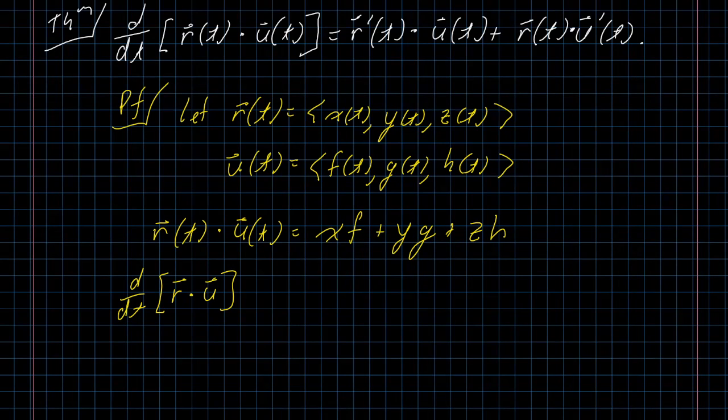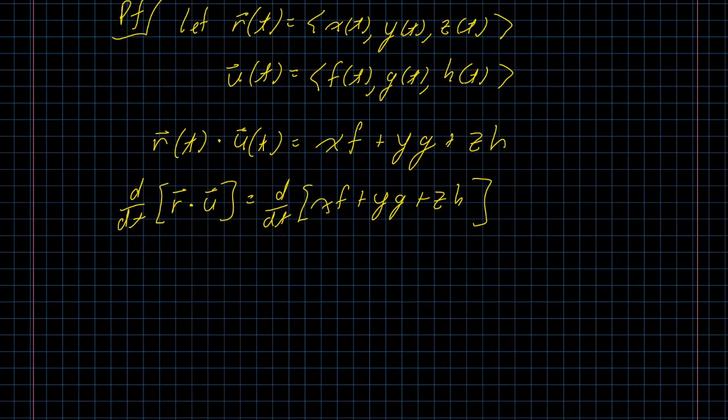So the derivative of r dot u would be the derivative of xf plus yg plus zh, and I can take the derivative of each of those using the product rule for real valued functions. I will have x prime f plus x f prime. I will have y prime g plus y g prime.